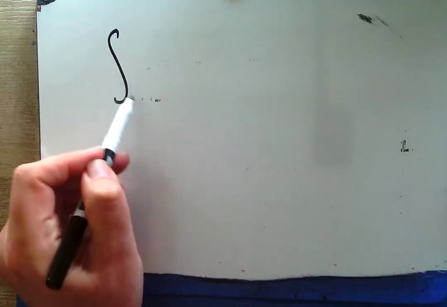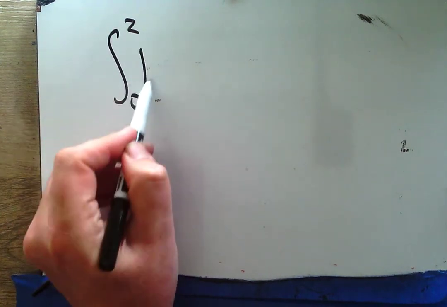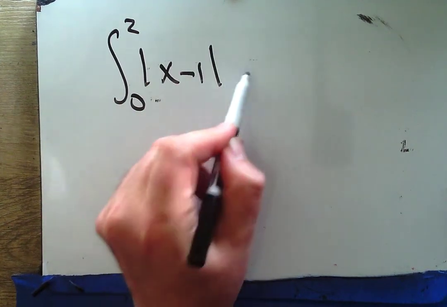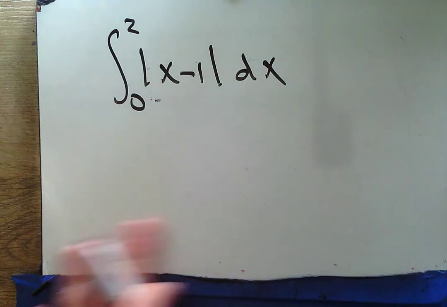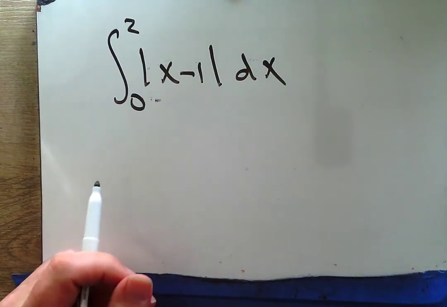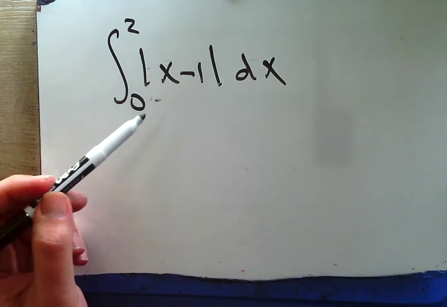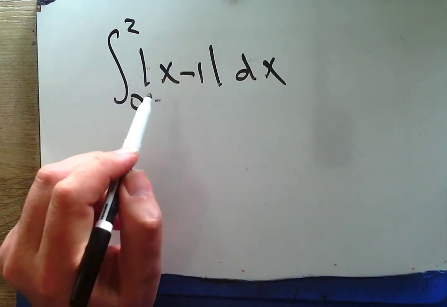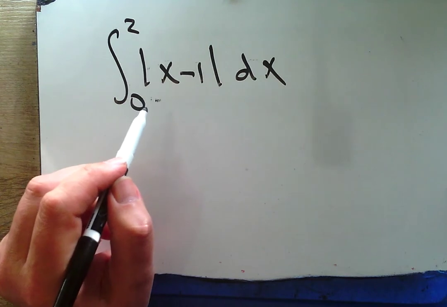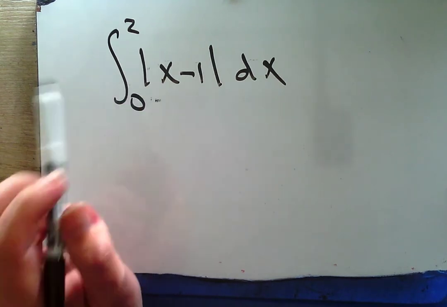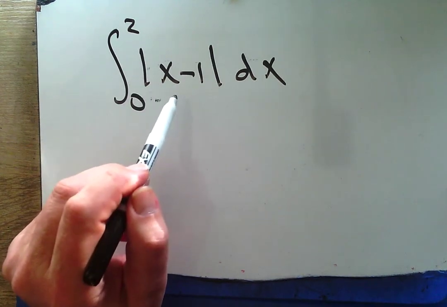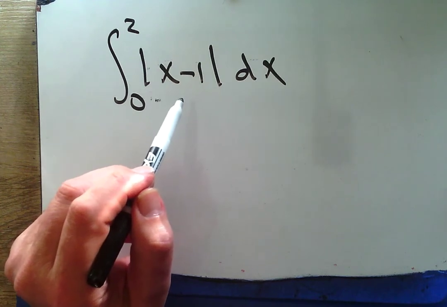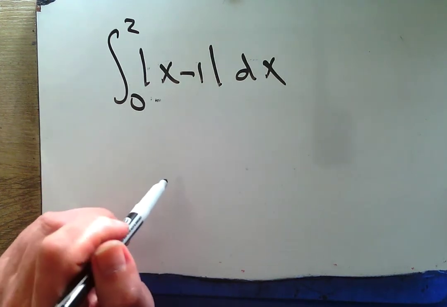How about this one? The integral from 0 to 2 of the absolute value of x minus 1 dx. It sure does help that we have powerful graphing skills so that we understand what we're looking at here is simply the absolute value graph shifted 1 to the right.